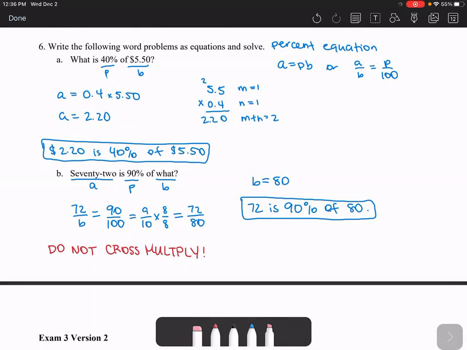I just have a quick question. Where did the 8 times 8 come from? Was that to get the 72? Yeah. So whenever we were at this step where we had 72 over b just equals 9 over 10, you can notice just by looking at this equivalence here that 9 is a factor of 72 and 72 is a multiple of 9.